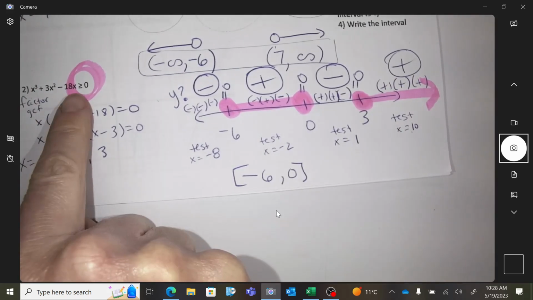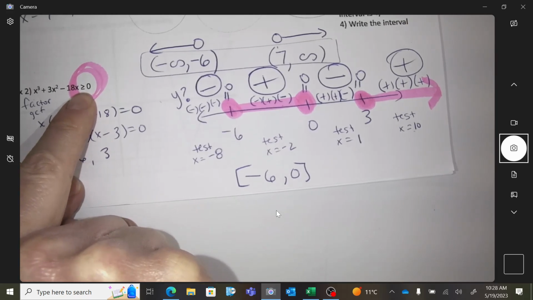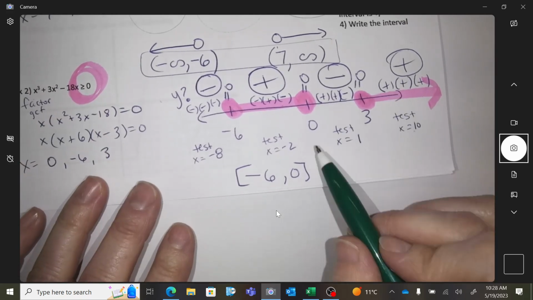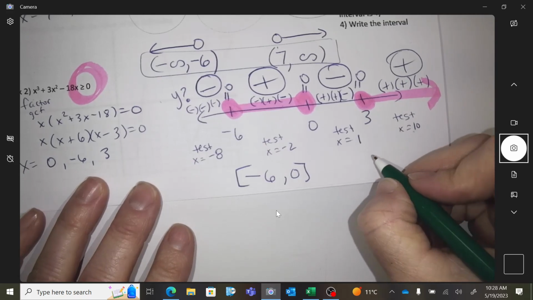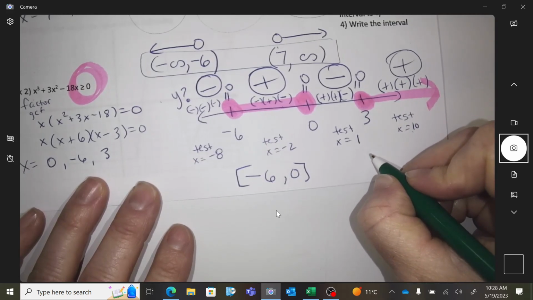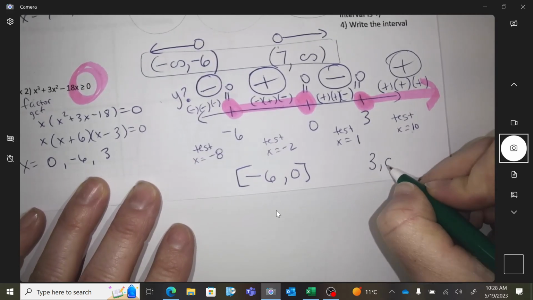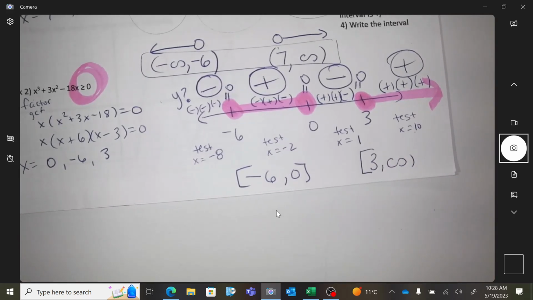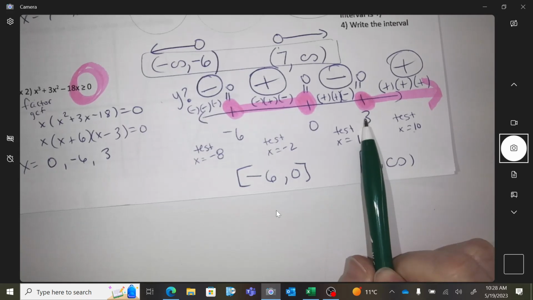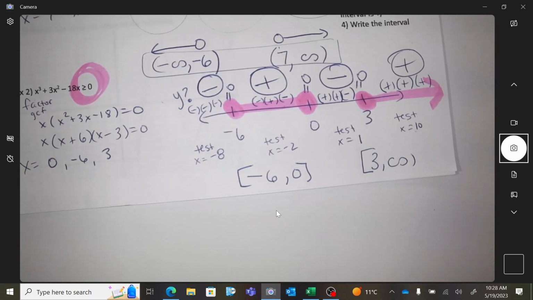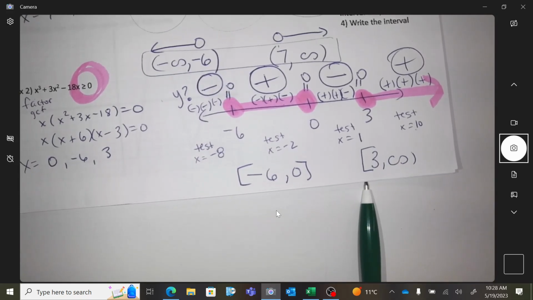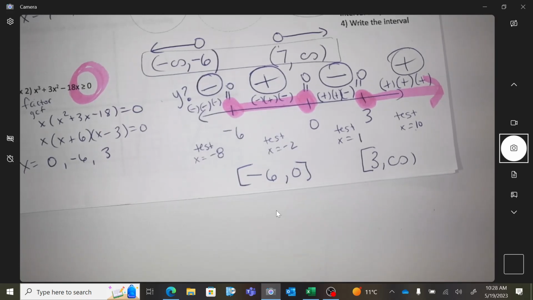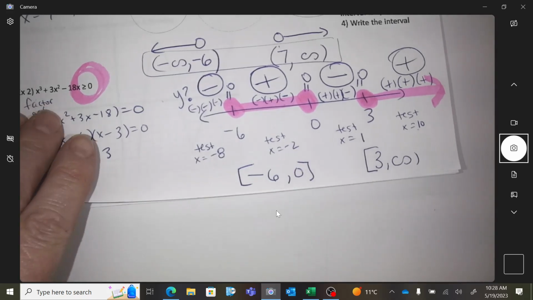Because when I'm on it, I'm equal to 0 and that's allowed. And then this zone, from the furthest left to how right it's going. So from 3 to infinity. This is a square bracket on the 3 because you're allowed to be exactly there.